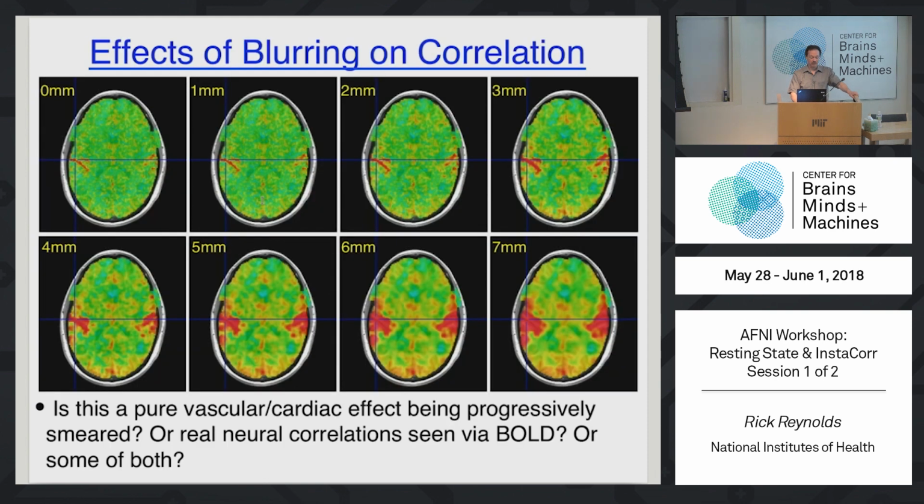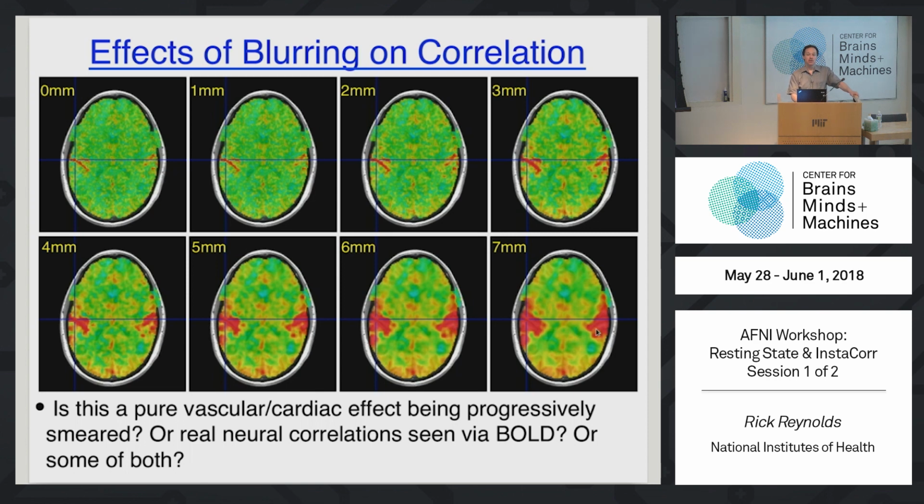Here's an example of the effect of blurring. Not blurring at all, a little bit, a little more. Here we start to get correlations that look like they follow anatomical contours nicely, and then eventually they just blow up and take over the whole area.